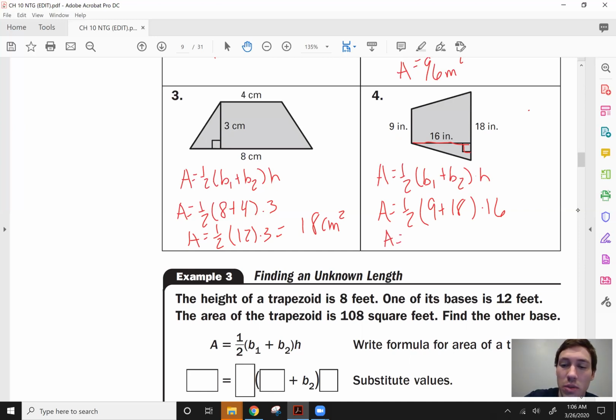So area equals half of 9 plus 18, which is 27. 27 divided by 2 is 13.5. So 13.5 times 16 is 216 inches squared.